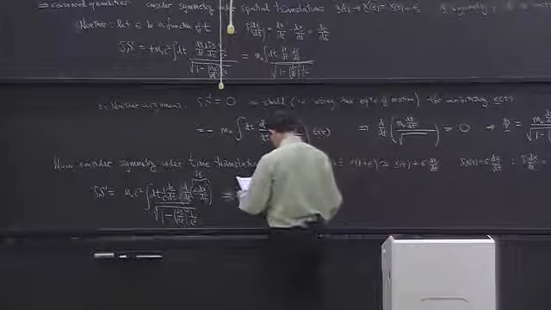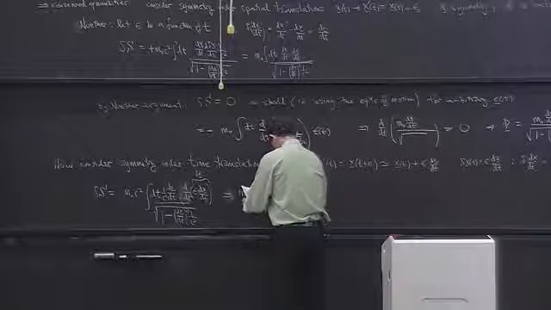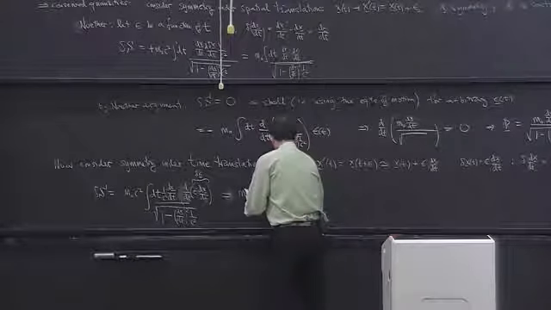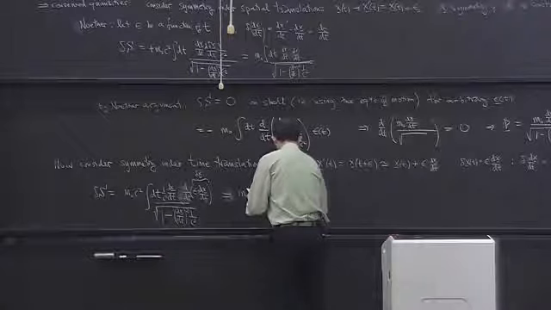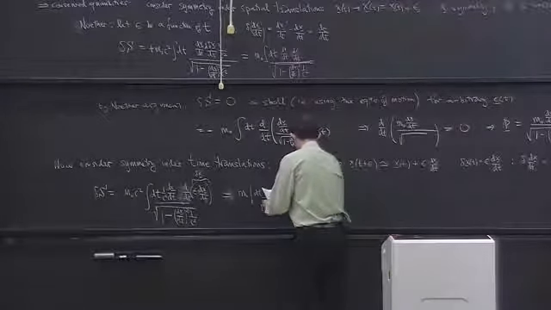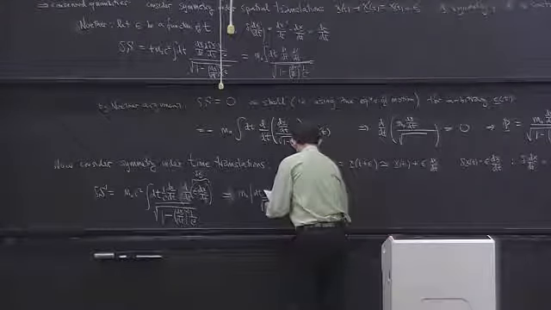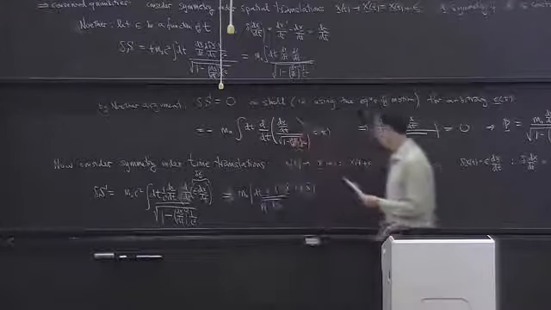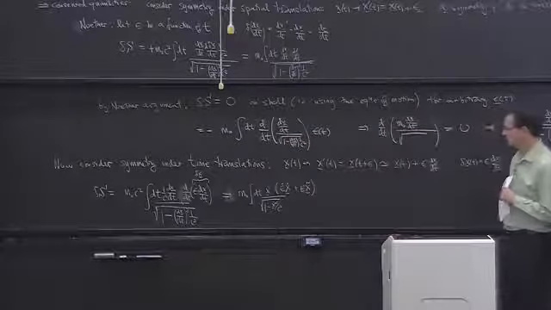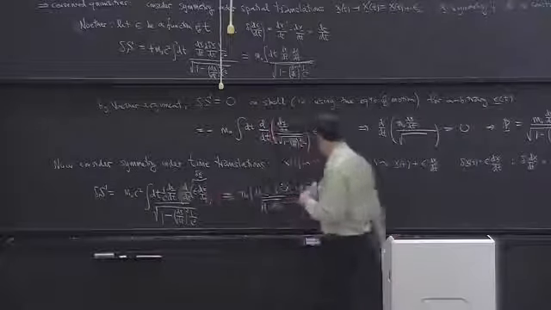And then in the numerator, I've got epsilon dot x dot plus epsilon x double dot. Okay, just calculating this out.